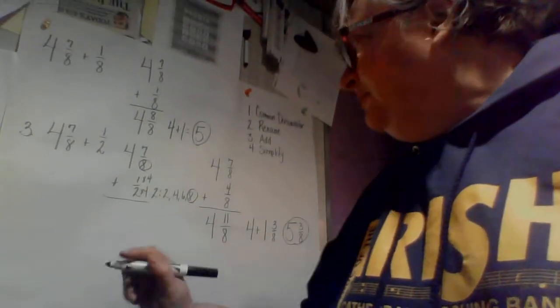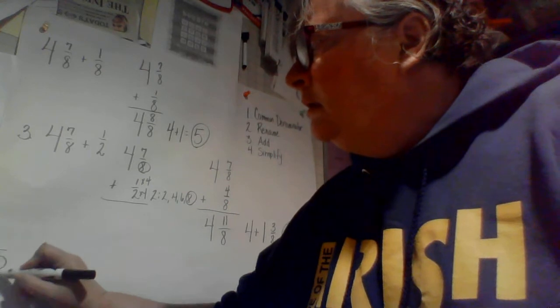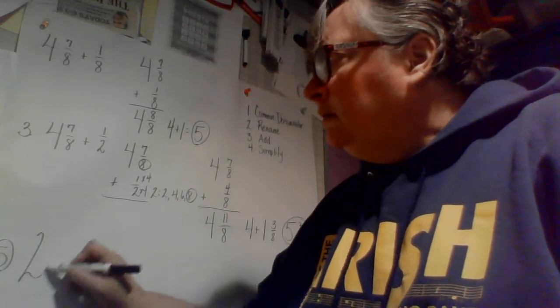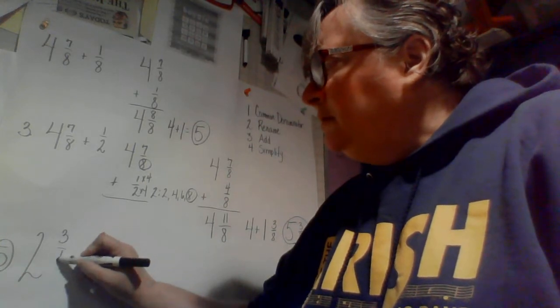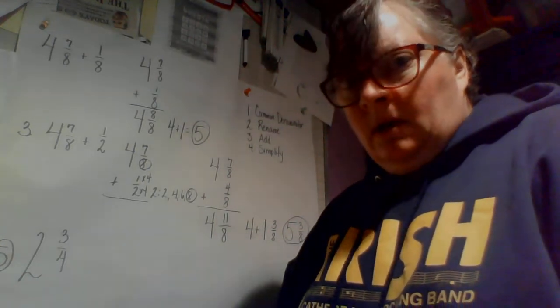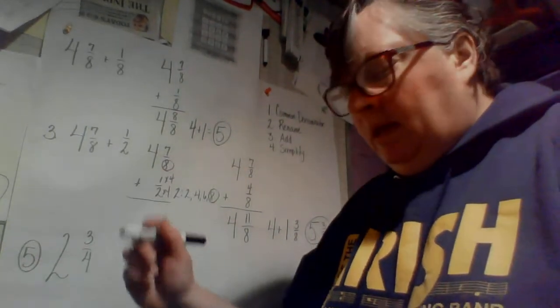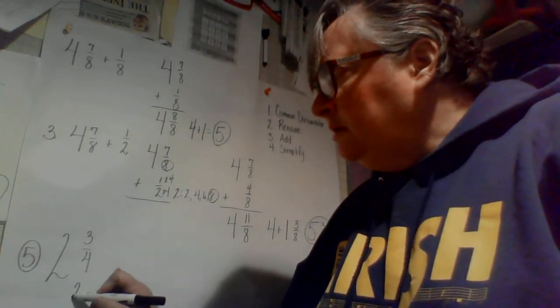Alright, number 5. 2 and 3/4. And I'm just going to automatically write it the way I want to write it, even though they've written it the other way, plus 2/3.